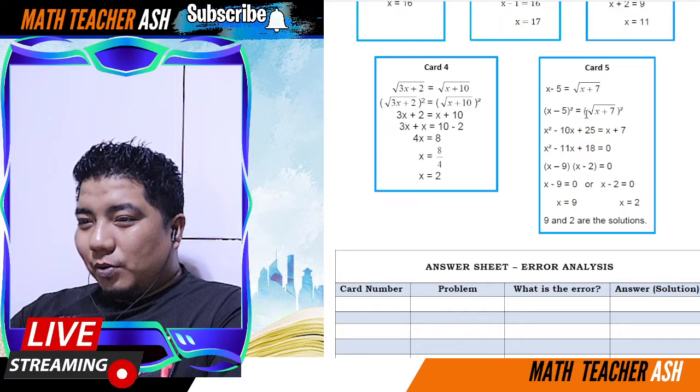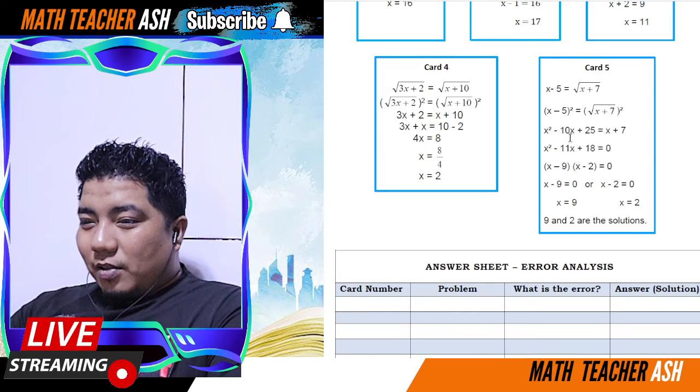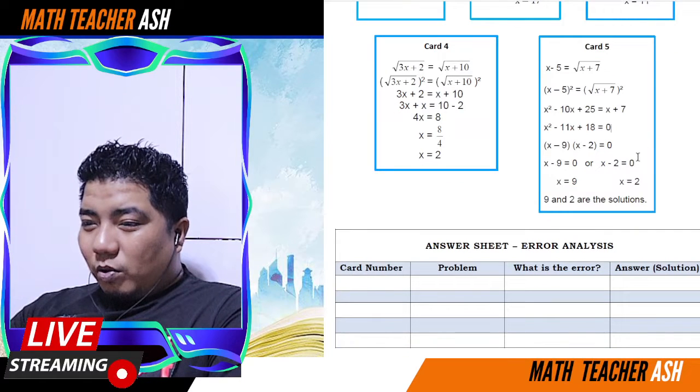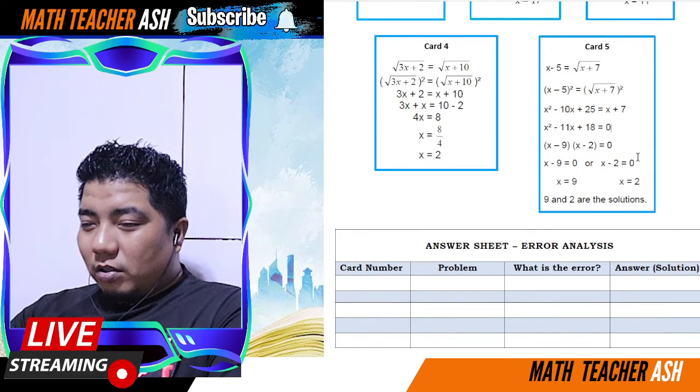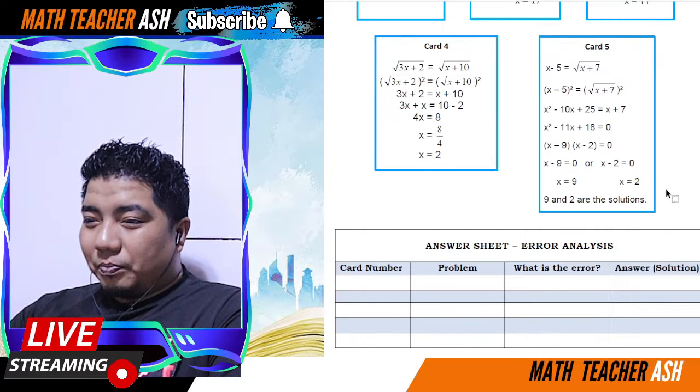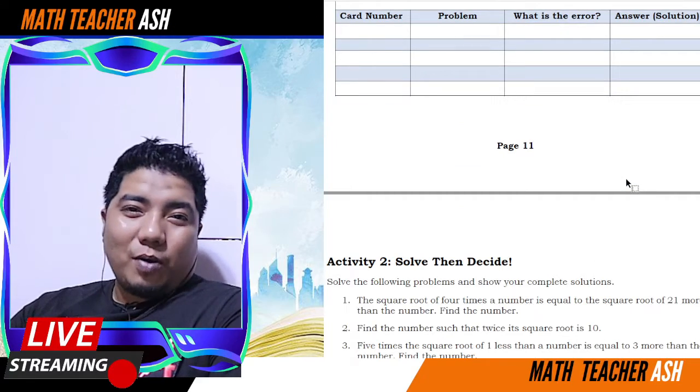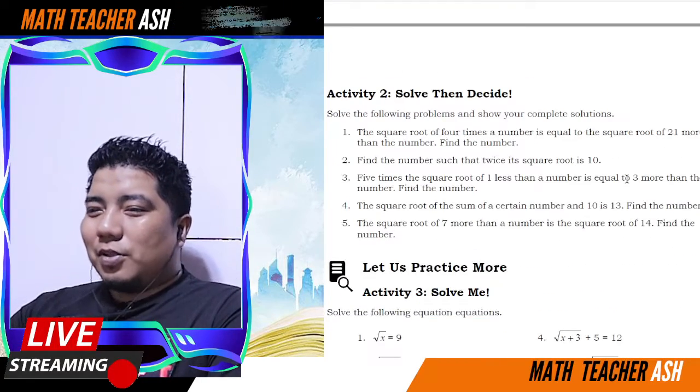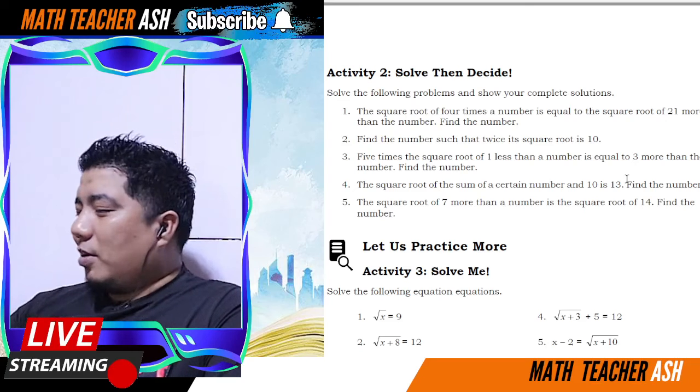X minus 2 squared niya. So, naging x squared minus 10x plus 25. Okay. Ay, ito yung kanina. Ayan. May isa dyan, extraneous solution. Yeah, ito yung example kanina. Anyway, you already know how to solve that one. So, I'm sure you can get that one, my dear math learners.